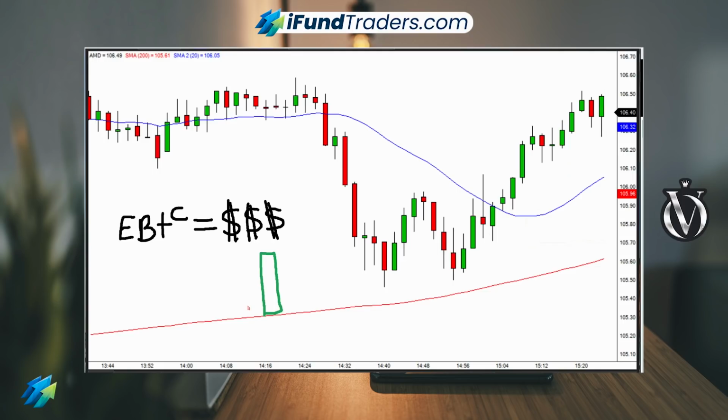So let's say, for instance, you've got a red bar here. You got a green bar there. Green bar. You got another red bar here. See? Green. To that green. And then red bar.